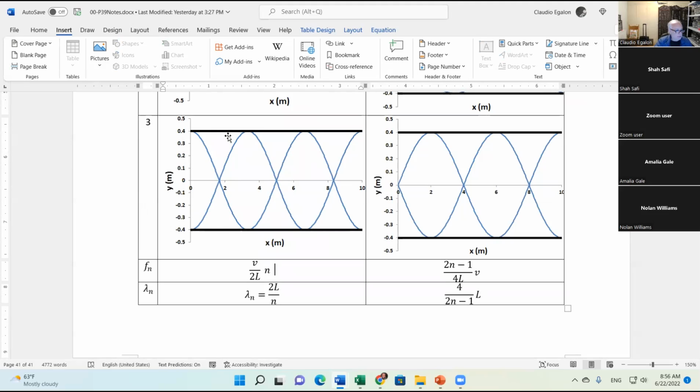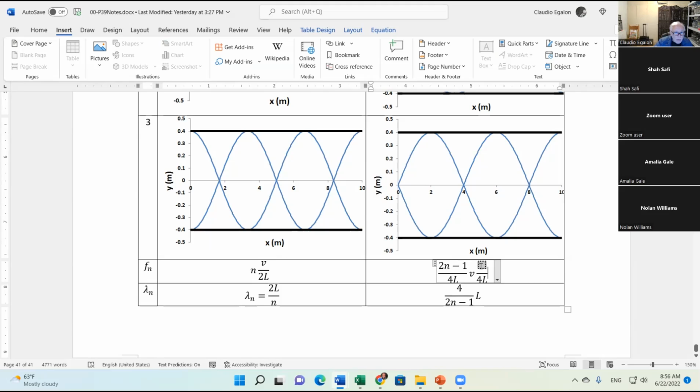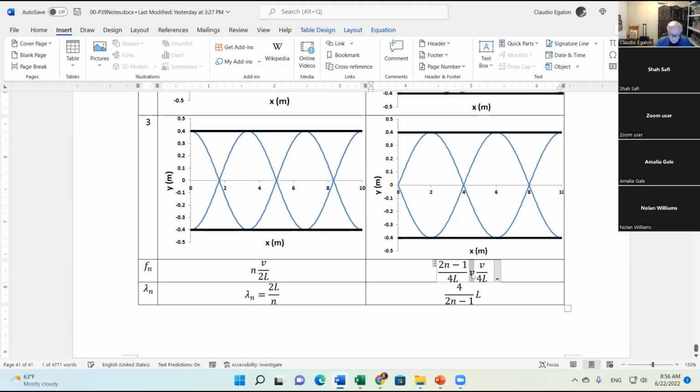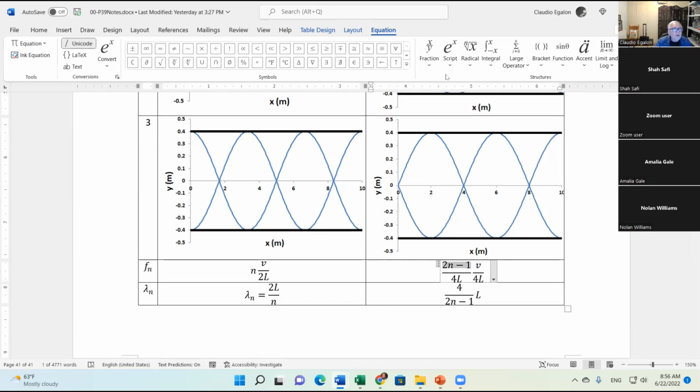Let me put the v here. Here you go, like that. Even better, I put it like that, 2L. And just put n here to make everything symmetrical. For L, v, right? And I put a parenthesis here.